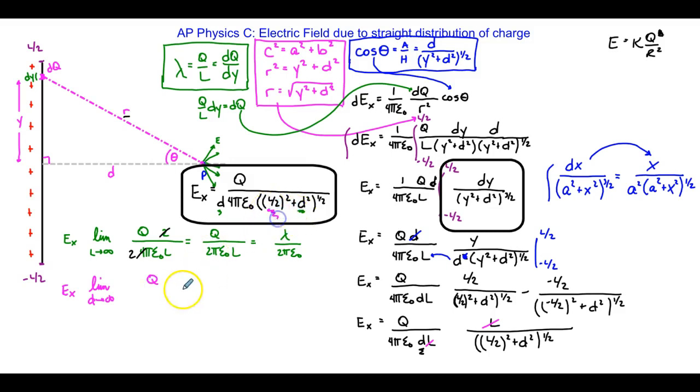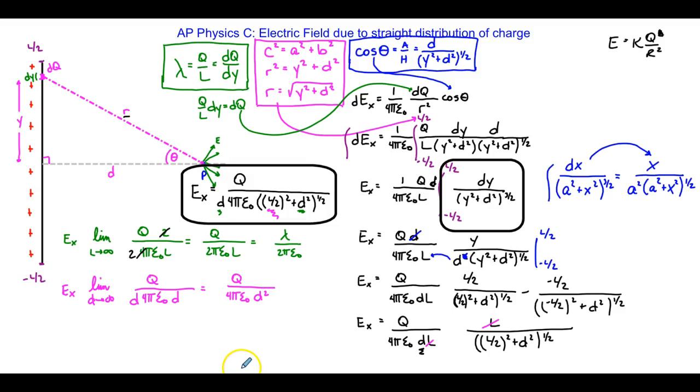In this case, this isn't changing, but d is approaching infinity. It's dominated by the variable d. I get d times 4 pi epsilon naught. D squared to the 1/2 is just d, but then I have a d squared, and I get q over 4 pi epsilon naught d squared.